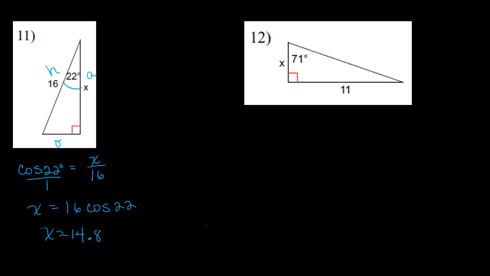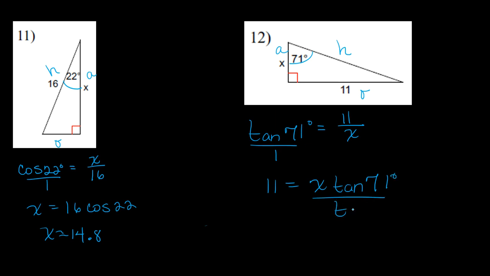Number 12, my reference angle is 71. This is my opposite. This is my adjacent. This is my hypotenuse. So I'm using opposite over adjacent, so that is tangent. So the tangent of 71 degrees is equal to the opposite over the adjacent. Cross multiply. Again, put your coefficient out front.